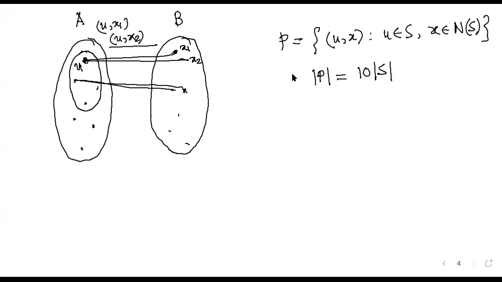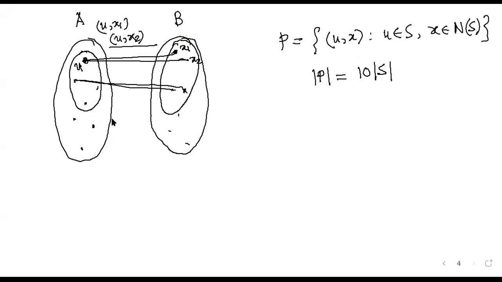So this part is clear, right? Now let's look at the neighbor set. Here x is connected to U. x might be connected to some other point or might not be.